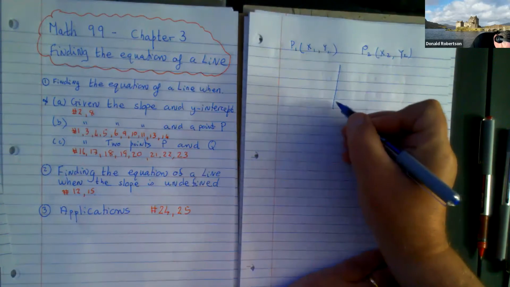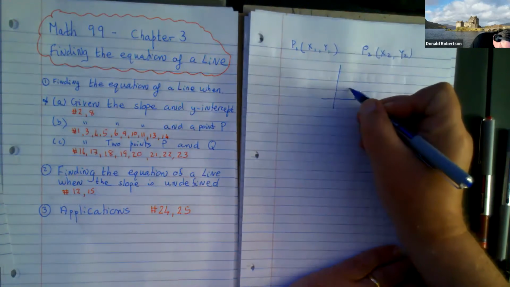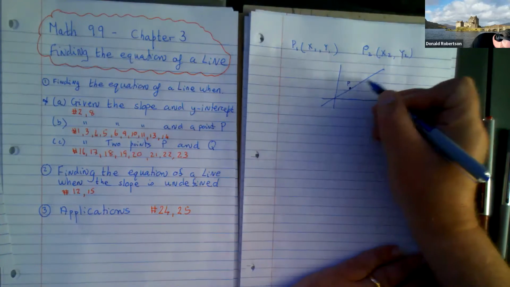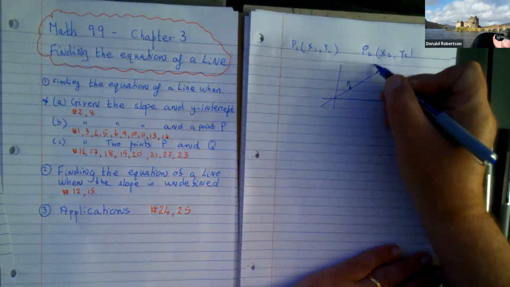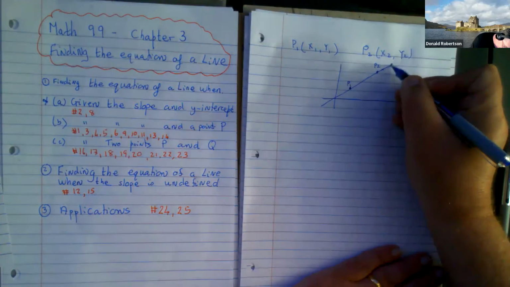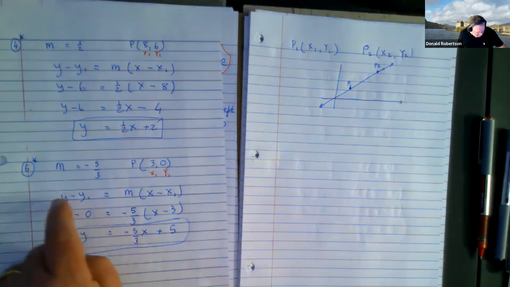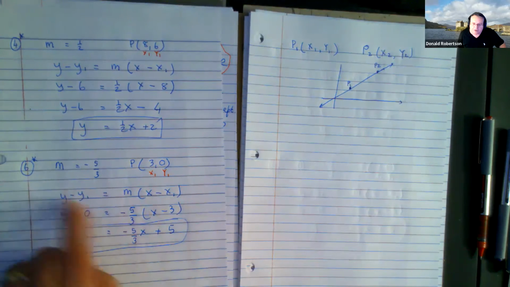So can you imagine what that might look like? There's a point here, P1, and up here, there's the second point P2, and you can imagine that there would be a line passing through them, looking maybe something like that. Now, what we're going to do here is an extra step. We are still going to use the point slope equation.